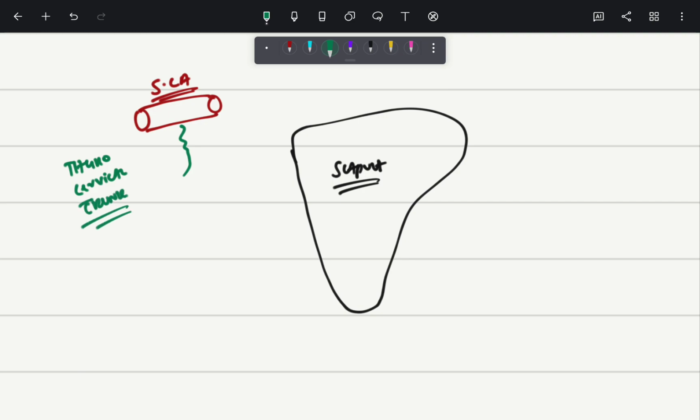Now the thyrocervical trunk is going to give a branch which will supply the upper part of the scapula. Hence, this branch is known as your suprascapular artery.